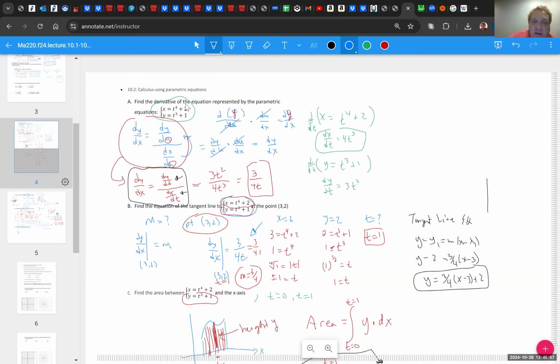All right. So I'm just going to borrow that from over there. 3 over 4t. This is from example A. All right, so we got our first derivative. Oh, that's not my dy/dt, by the way. I got to slow down so I don't make those kinds of simple mistakes.